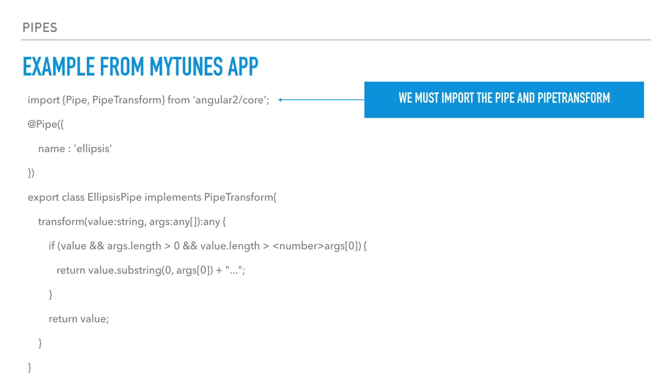This value can be of any type, because our transformation could be, for example, transforming a string to a number. So the input is a string and the result is a number, but it could also take an array and return an array. In this case, we are just applying the ellipsis option. That is, if we have more digits in the string than a certain value that is passed as a parameter, then we shrink this and put the 3 dots at the end.